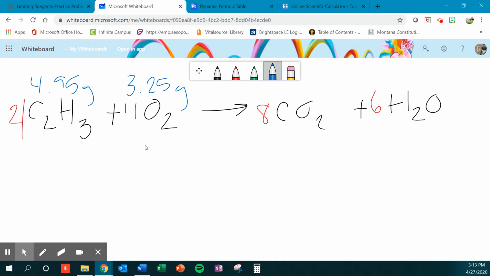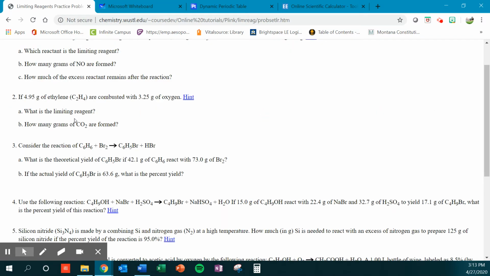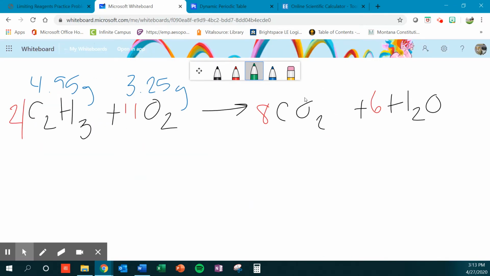The easiest thing to do with this is to choose one of the products, and let's see if it tells us. Here it says how many grams of CO2 are formed in the second part, so we would just take it out to the product of CO2. But if it doesn't specify a product, you can choose either of the products as long as it remains the same for both limiting reactants.